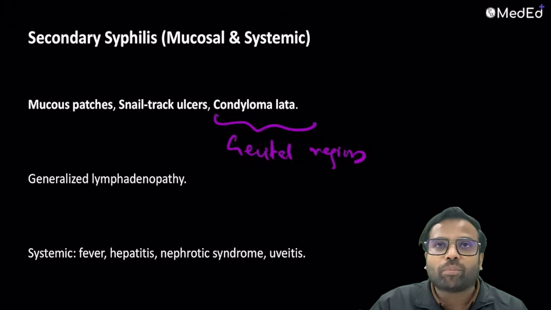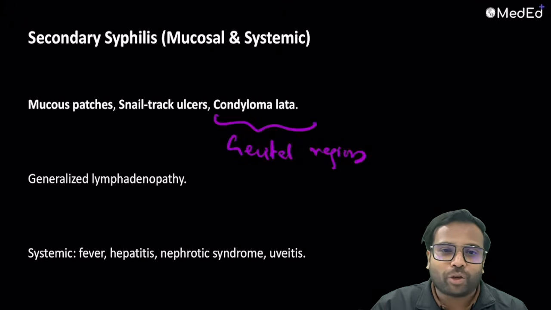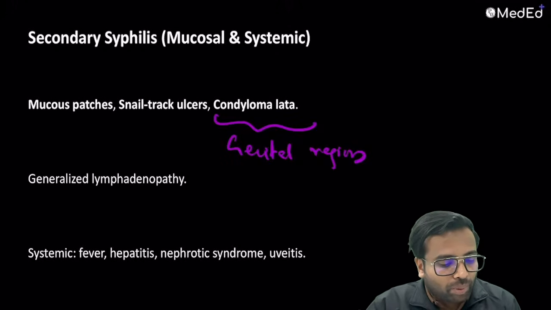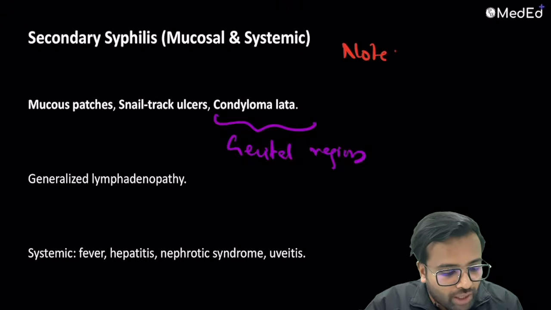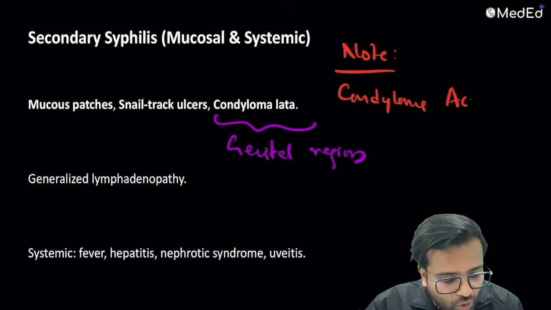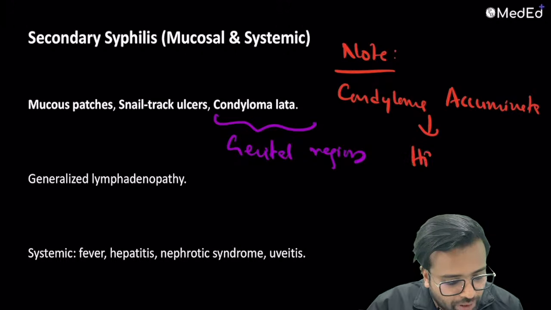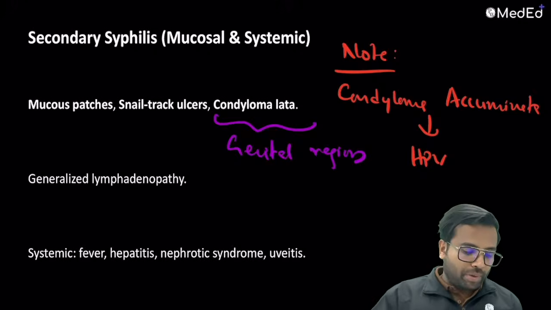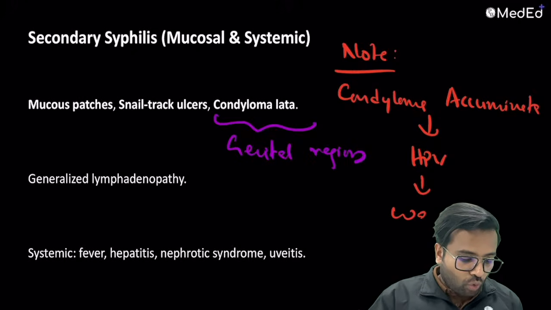Because I'm sure that most of you must have heard about condyloma acuminata. Now let's see what is the basic difference. So please remember that condyloma acuminata is seen in HPV infection. And what does HPV infection bring? So HPV infections can lead to warts.